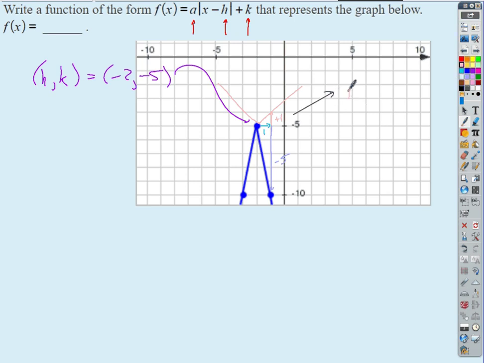So 1 times A, which we don't know yet, has to equal -5, right? Doesn't that make sense? I'm multiplying the parent height by the vertical dilation factor to get the stretched or the dilated height. So I'll solve for A. Well, -5, right? So A is -5.